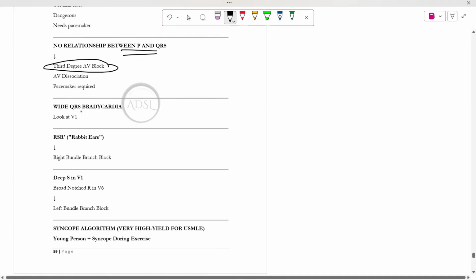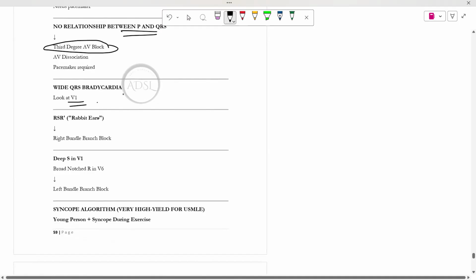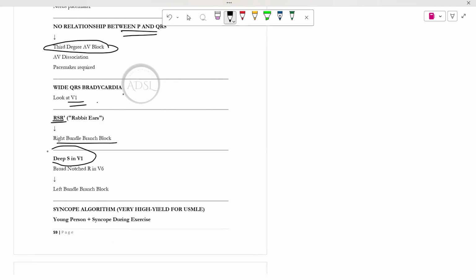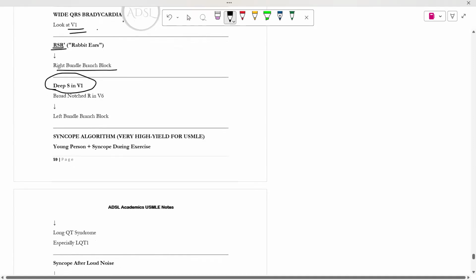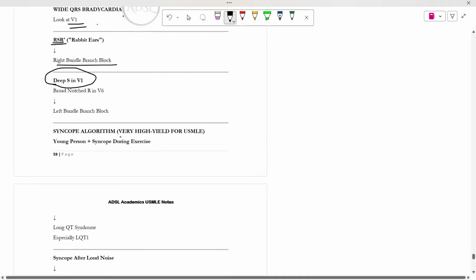If there is a wide QRS bradycardia, look at V1. If you are seeing something like an RSR dash pattern, then it's a right bundle branch block. And if you see a deep S wave in V1, then you are dealing with a left bundle branch block. Now, what do you mean by RSR dash pattern?